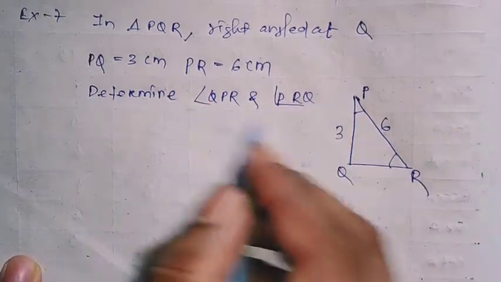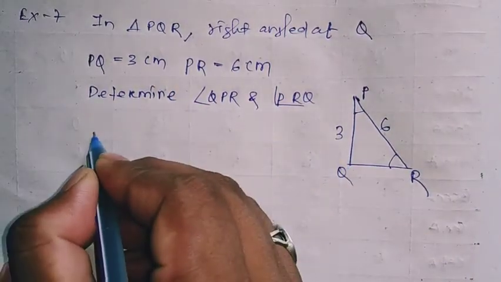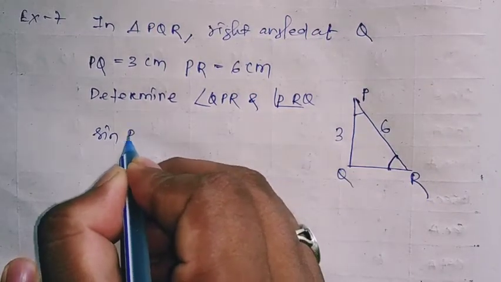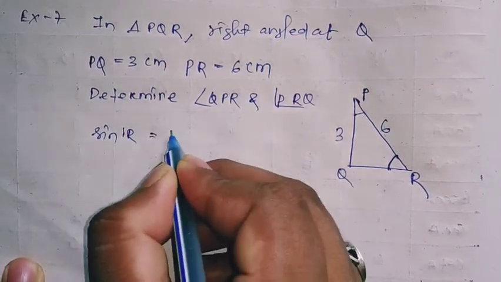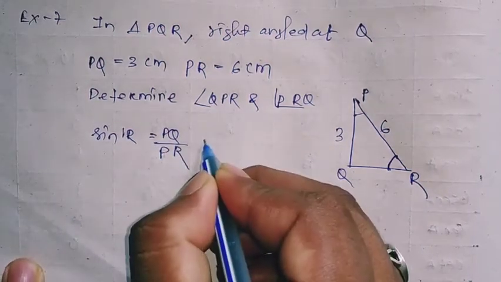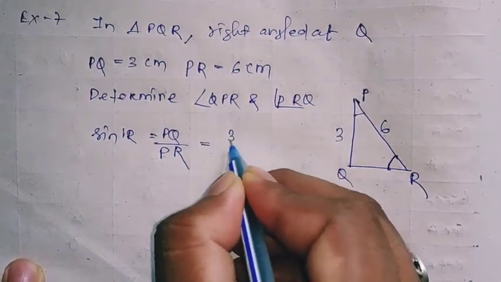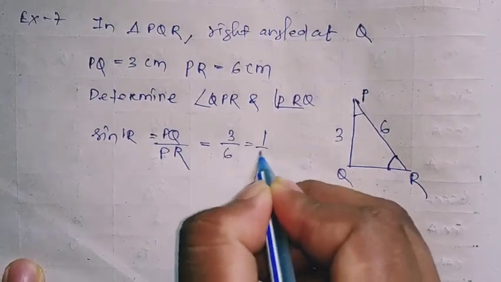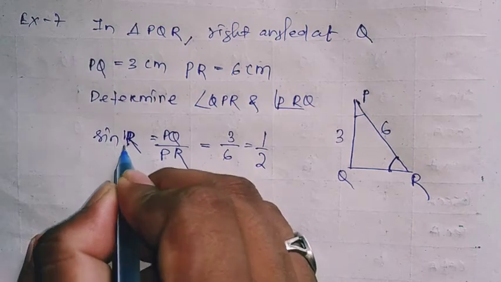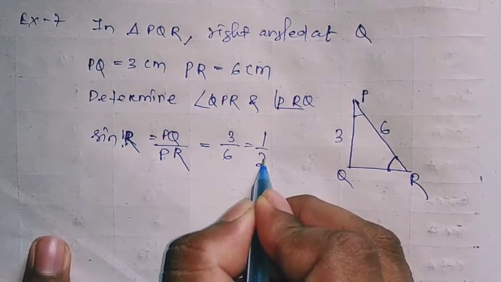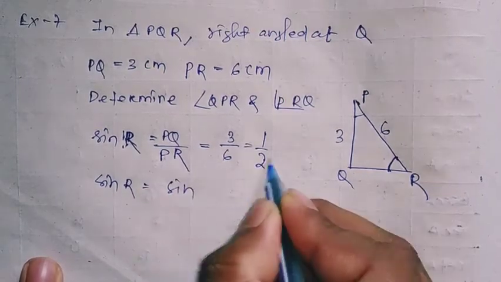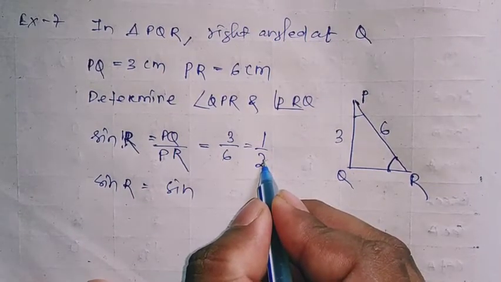Okay. So we know that sine R, if we are considering this, sine R is equal to PQ by PR, which is equal to 3 by 6, which is equal to 1 by 2. So for what value of R will it be 1 by 2? We know sine 30 is equal to 1 by 2.